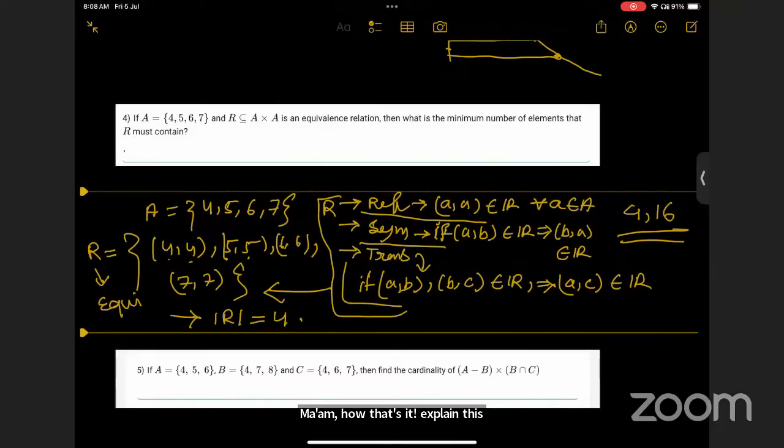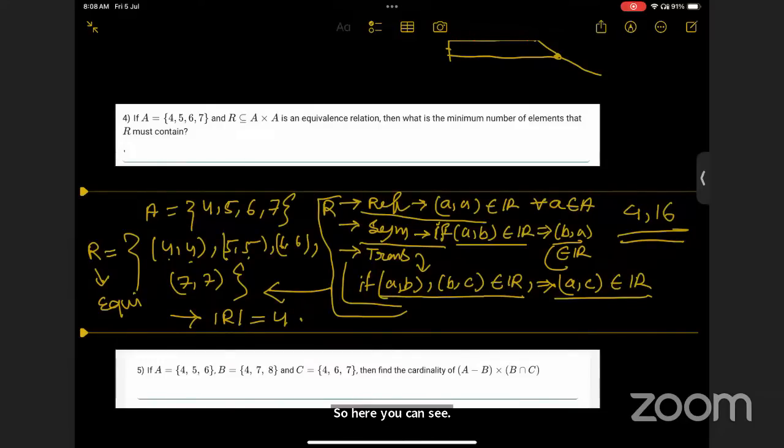Okay. If you have (a, b) in R, then it will imply (b, a) in R. This is symmetry. And if you have (a, b) and (b, c) in R, then it will imply (a, c) in R. This is transitivity. So here you can see (4, 4), (5, 5).